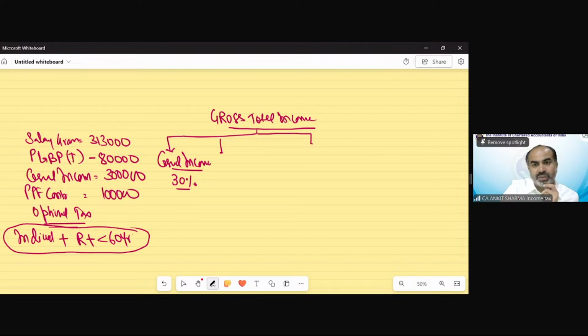So technically there's casual income and other category income. No special rate of income is there. Can losses of PGBP be set off from salary or from casual income? Is it possible or not? Losses of PGBP cannot be set off from salary income or casual income. So how much should be the other income in this question? What should be the other income value in this question?